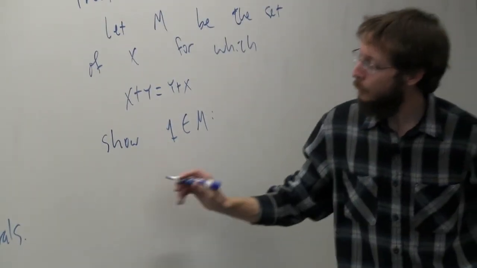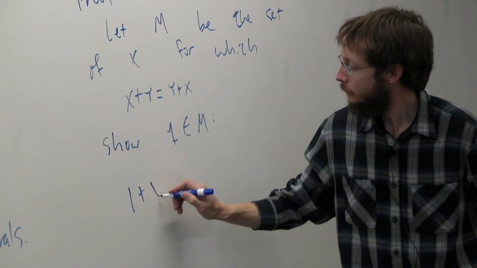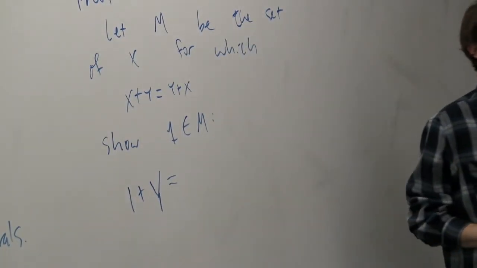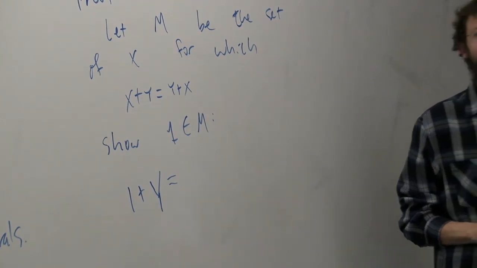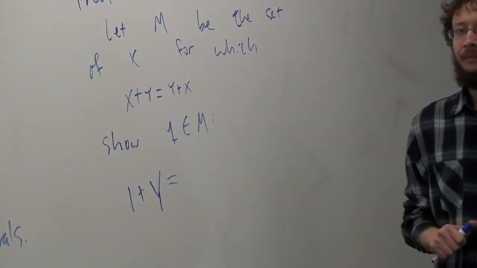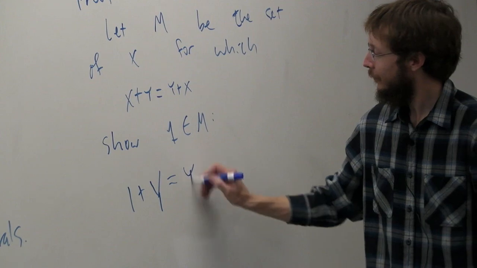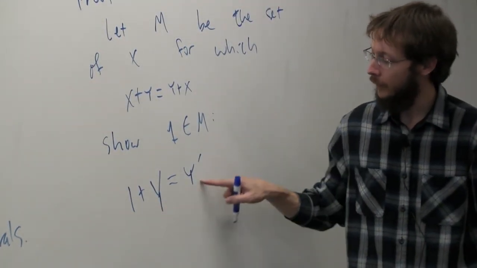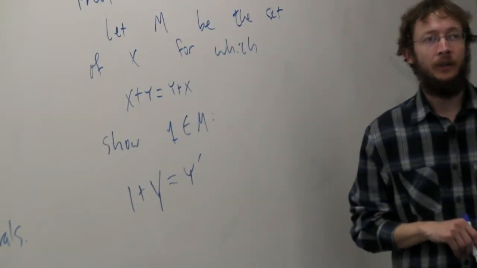We're going to let x be 1. We get 1 plus y. What's that equal to? y successor. Yep. Okay, this is the definition of addition with 1. 1 plus anything is that number's successor. That's the definition of addition.